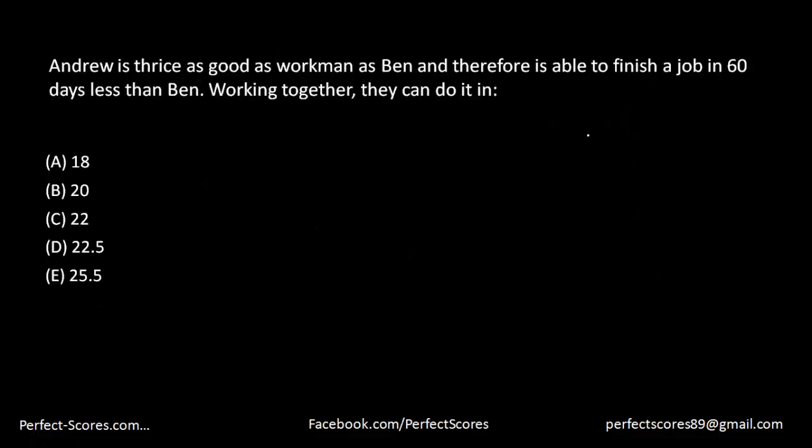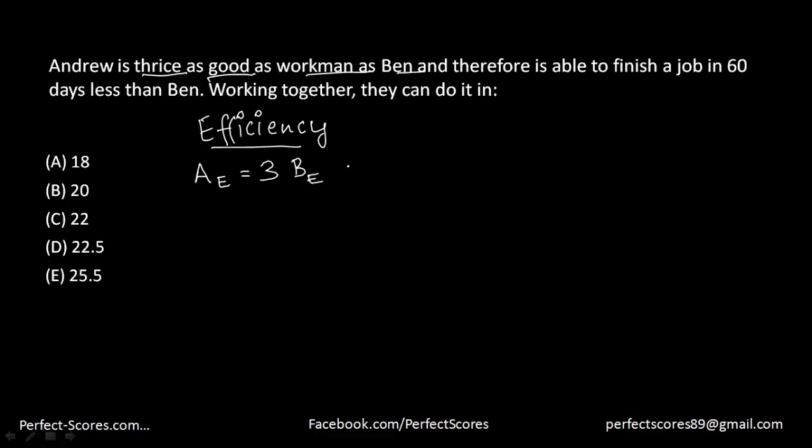Now the question says that Andrew is thrice as good a workman as Ben. That means I'm going to write down my efficiency equations over here. So let's write down our efficiency equations. Andrew in terms of efficiency is 3 times as good a workman as Ben in terms of efficiency, right?